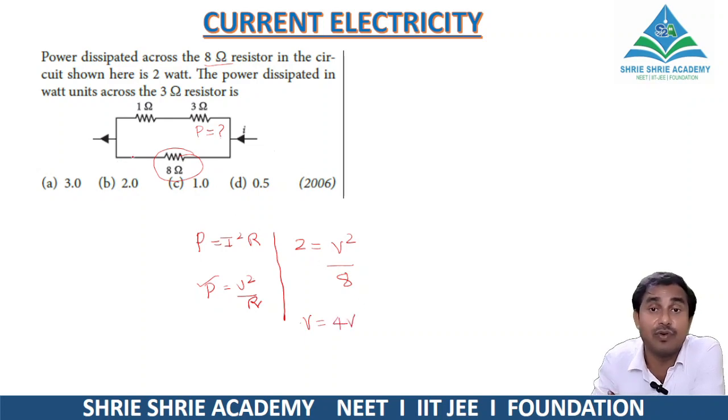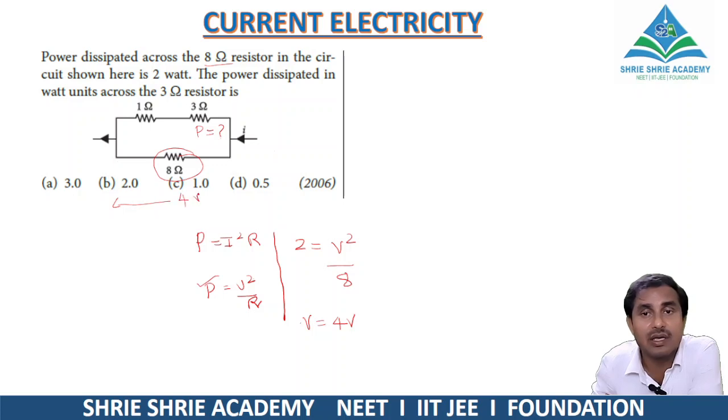So like the previous question, from here to here you got 4 volt, right? Now, like the previous question, you can find the current in this line with the formula I is equal to V by R, 4 by 4. So you get 1 ampere of current.